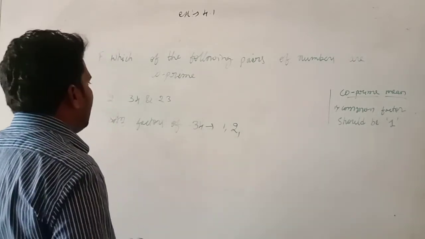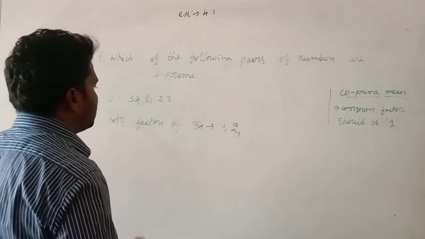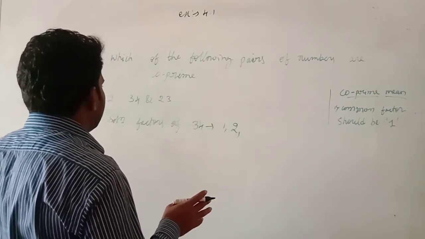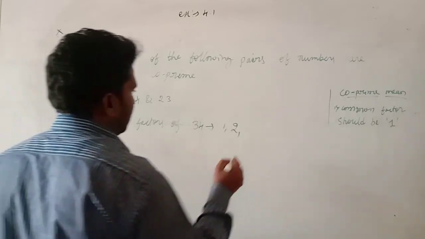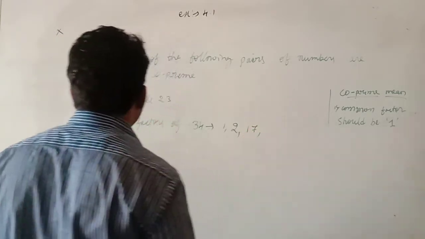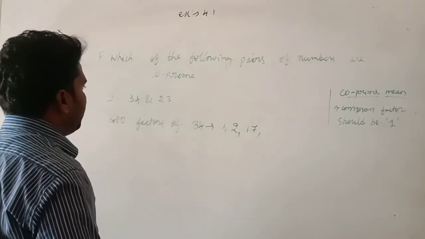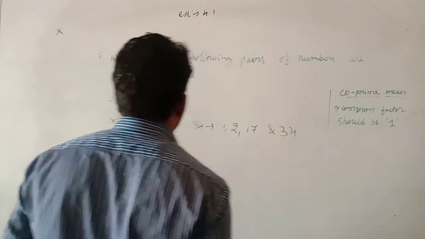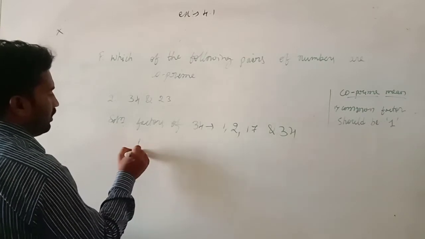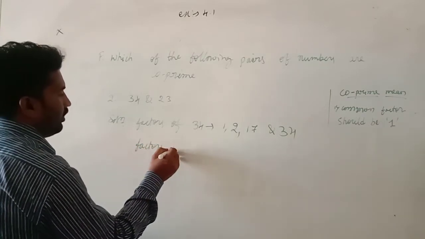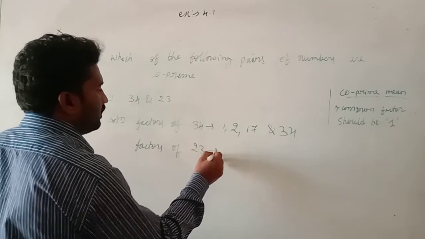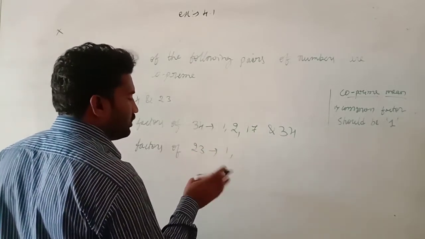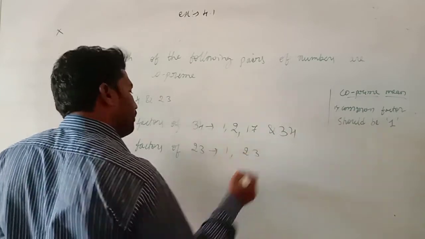Then not by 3, 4, 5, 6, 7, but by 17. 17 twos are 34. Then finally it can be divided by 34. So what are the factors of 23? It can be divided by 1, not by 2, not by 3. So it is a prime number.